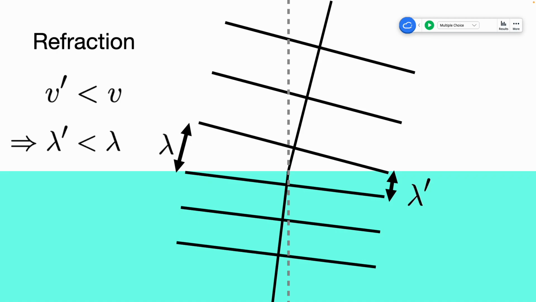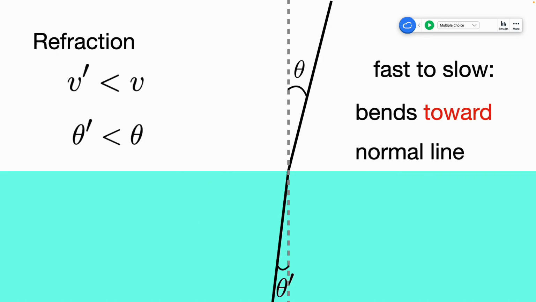Here, we are looking at the scenario in which the wave goes from a faster medium to a slower medium. When a wave goes from faster to slower, we see that this incident angle will be bigger than the refracted angle. So this is called a refracted angle. It's the angle between the refracted light and the normal line. So remember, when you go from fast to slow, the light ray will bend toward the normal line. Okay? That's common sense. Make sure you remember that.